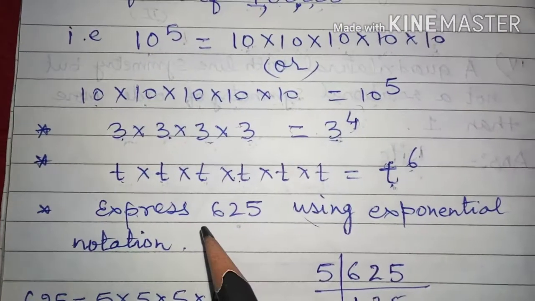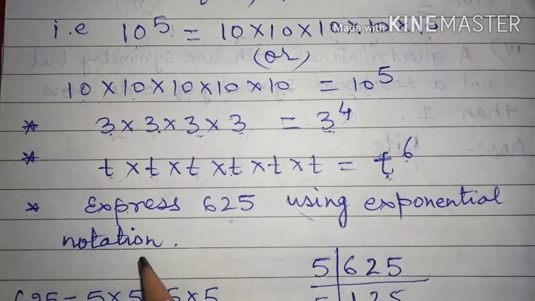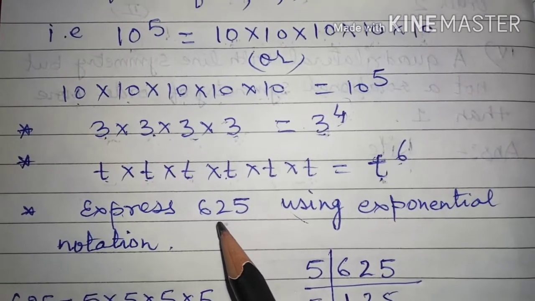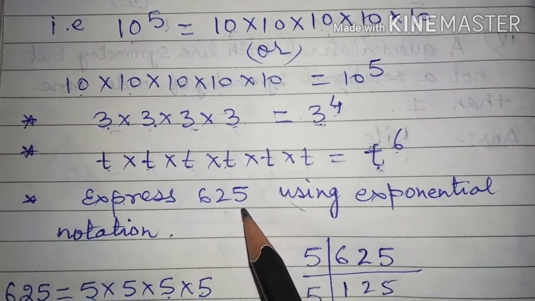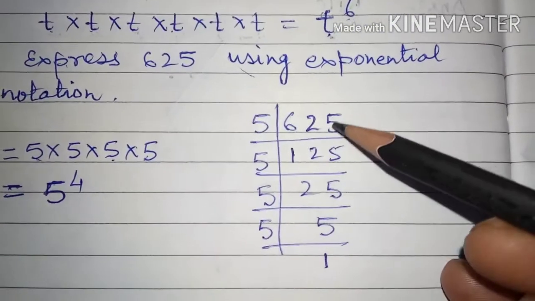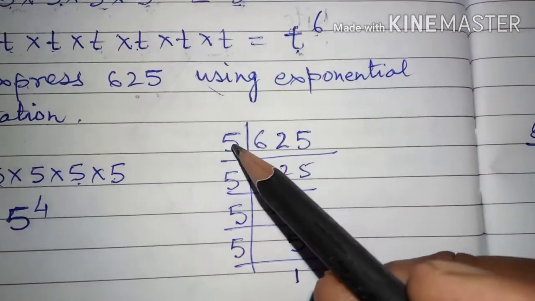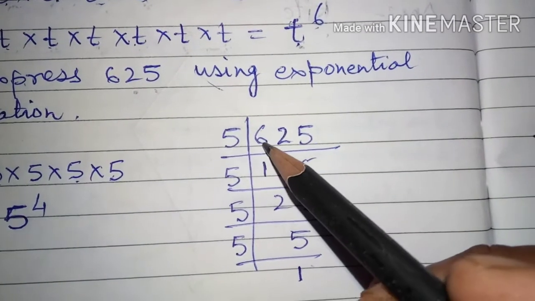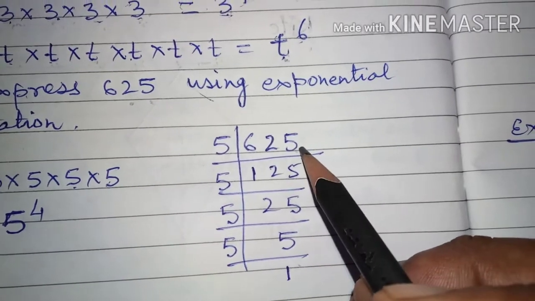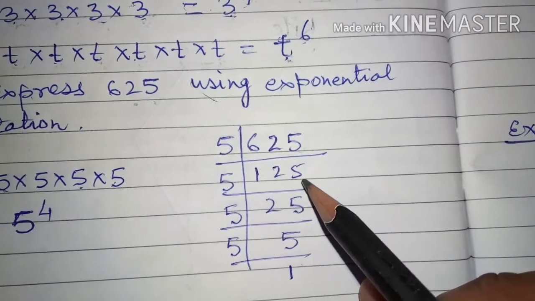Now we will learn how to express a number in exponential form, that is exponential notation. Let us take the number 625 to write in exponential notation. First we will prime factorize this number 625. We will use the prime number 5 because 625 is divisible by 5, its unit place is 5. So divide 625 by 5, 125 will come.